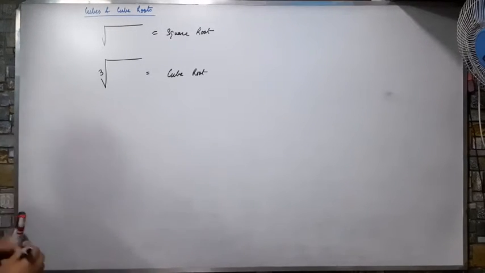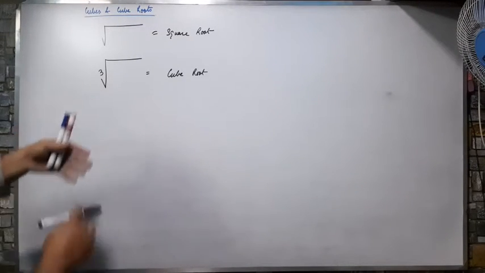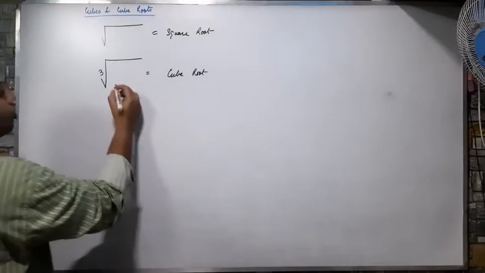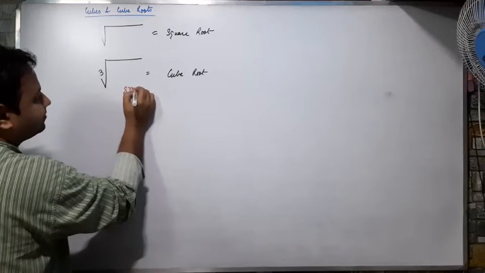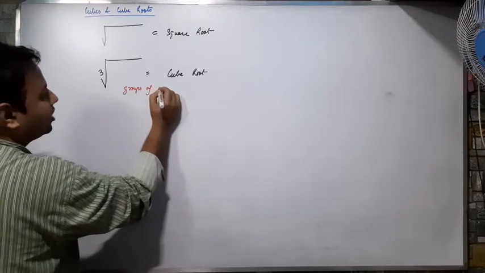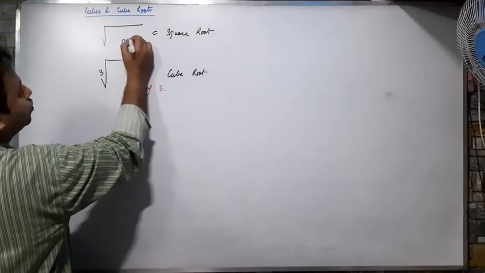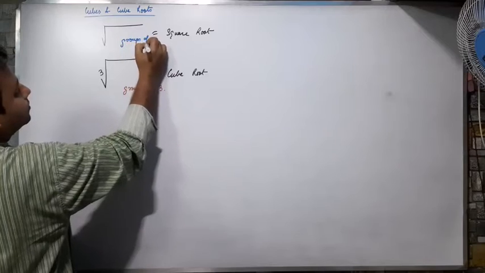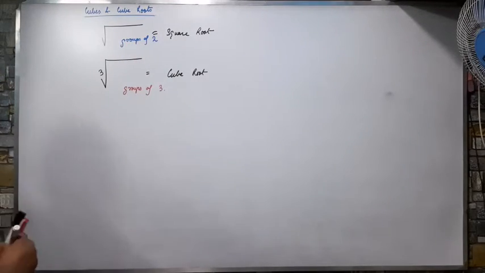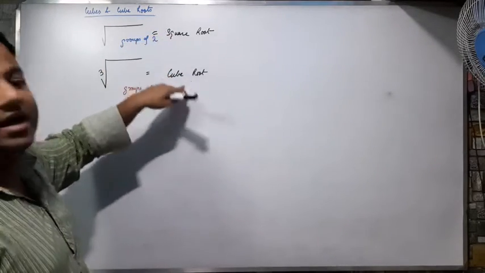And thus, as I am writing 3, that means I have to take groups of 3. While in square root, I took groups of 2. So this is the basic difference between a square root and cube root.